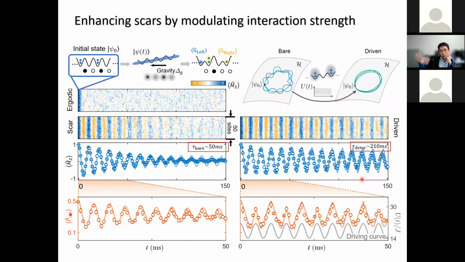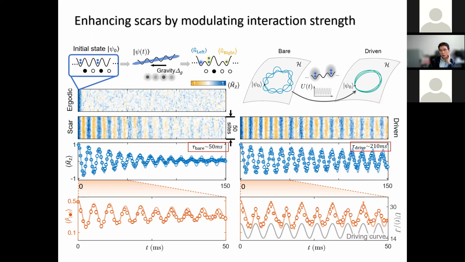Actually, this is well beyond the experimentally accessible time, so we can take this to 250 milliseconds and still see the oscillations persisting. So this is effectively just refocusing your trajectory and your many-body wave function and preventing it from leaking into the full Hilbert space, so it's localized in this scarred subspace.